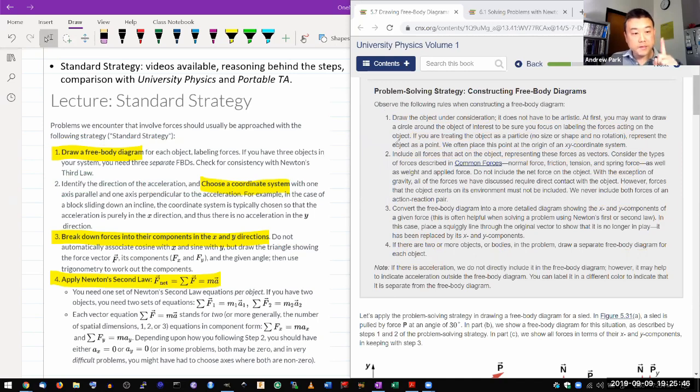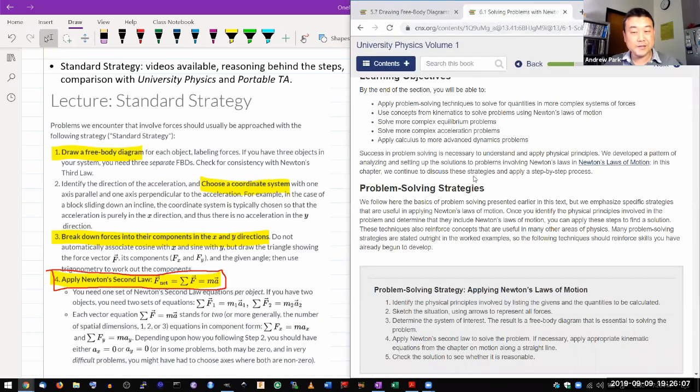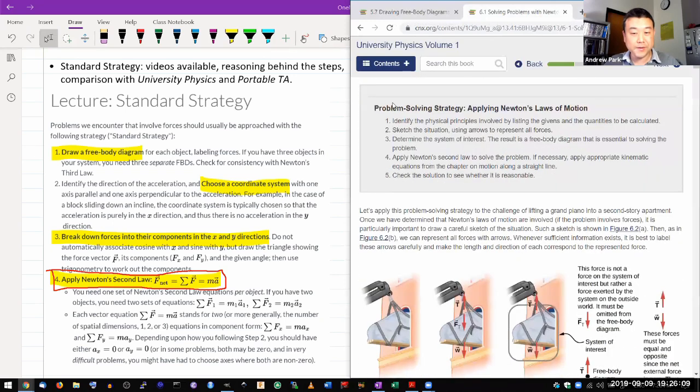So the one step that your textbook leaves out is the step number 4. And that's a consequence of how the textbook breaks out these problem-solving strategy into two sections, one in chapter 5 and one in chapter 6. So in chapter 6, they give you what they call problem-solving strategy, applying Newton's laws of motion.